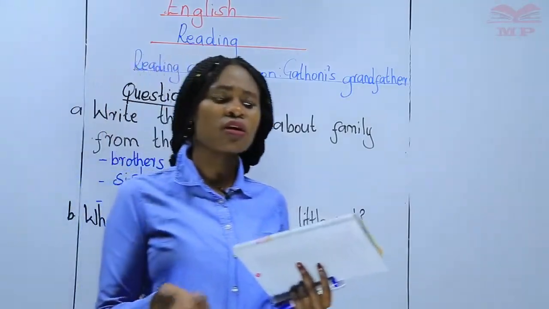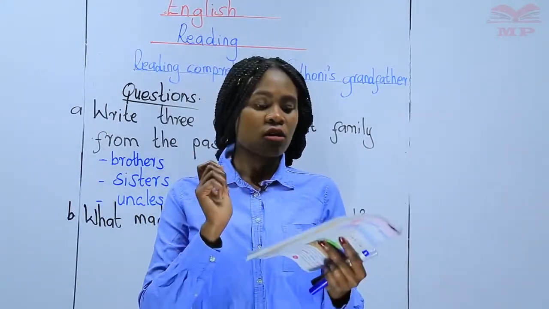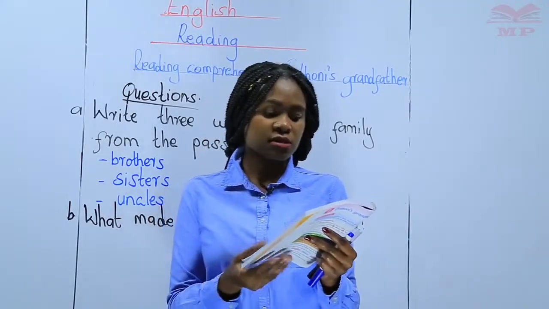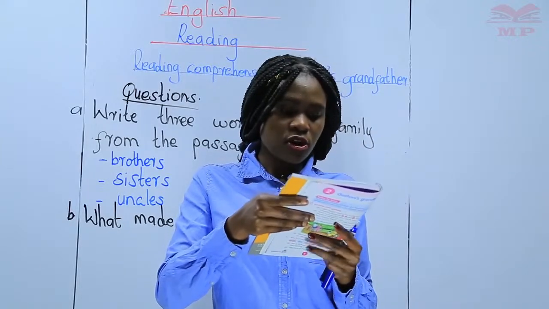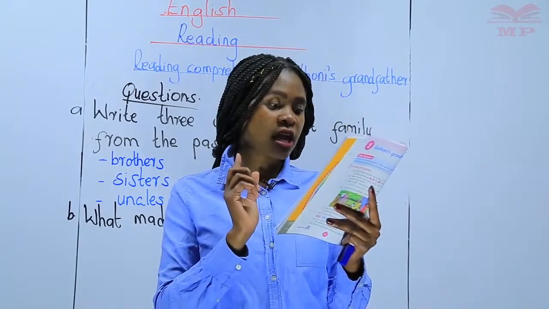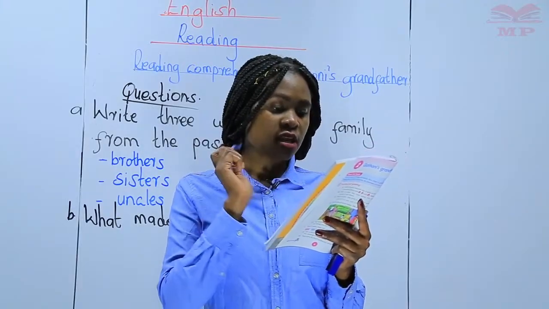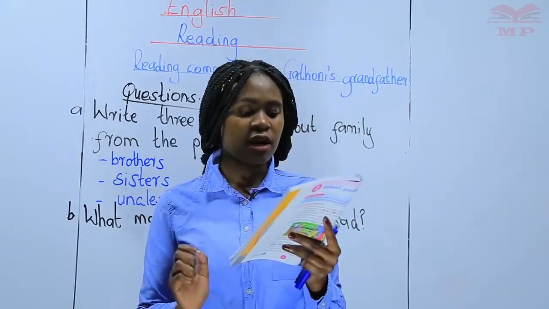So you go back to the story and look for a place where Gathoni felt a little sad and you read the part. From the story, the part where Gathoni felt a little sad is on paragraph 1, 2, 3, the fourth paragraph. So you read the fourth paragraph.